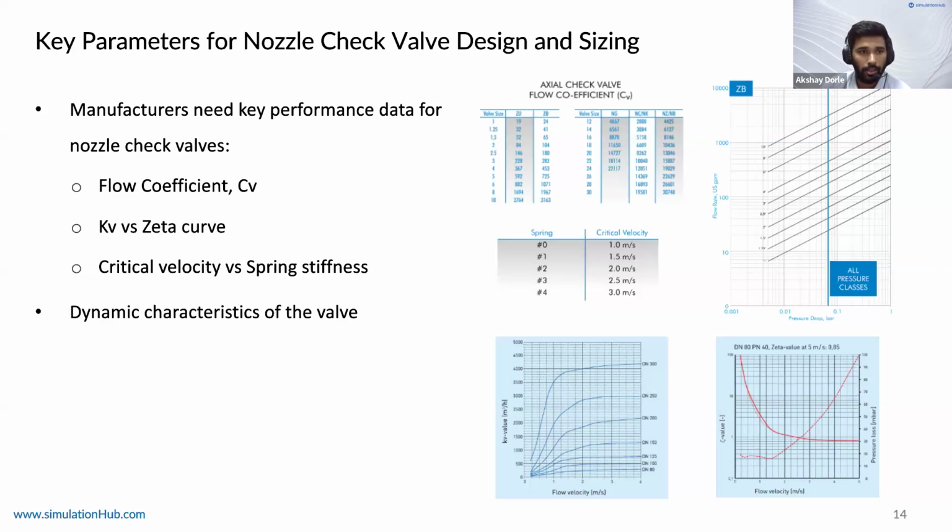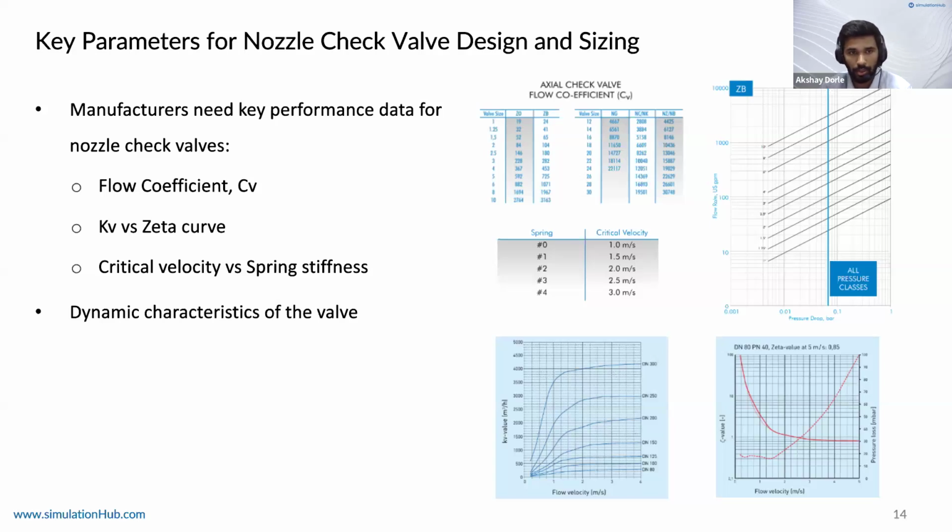And the next is critical velocity. As we saw in the previous slides, critical velocity in nozzle check valves is one of the parameters that we must be very sure about while designing.